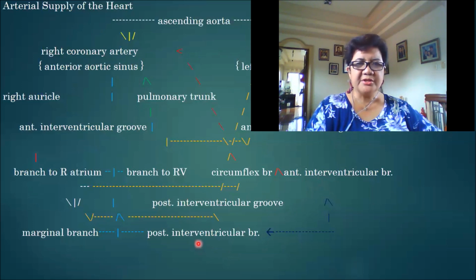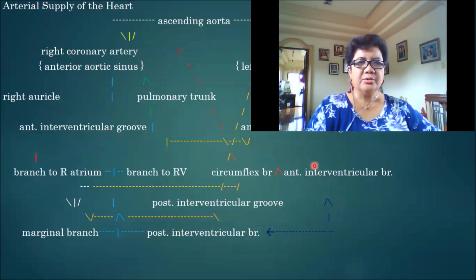Remember that your posterior interventricular branch is a branch of your right coronary artery, and it will anastomose with a branch of your left coronary artery, which is your anterior interventricular branch.